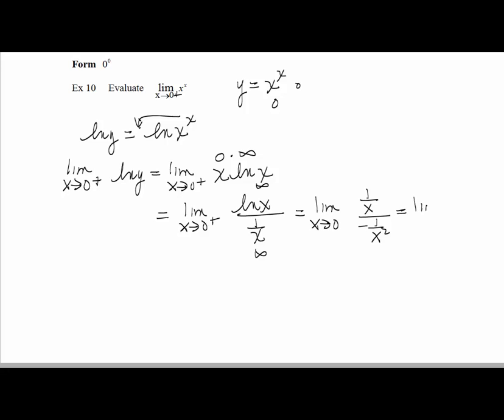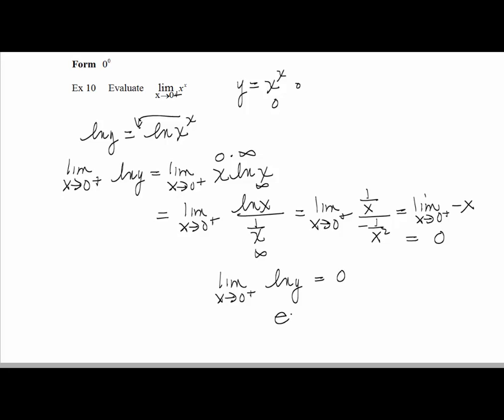We simplified this one in a prior problem. It gave us negative x. So the limit of the natural log of y is 0. So we have the limit as x approaches 0 from the right of the natural log of y is equal to 0.